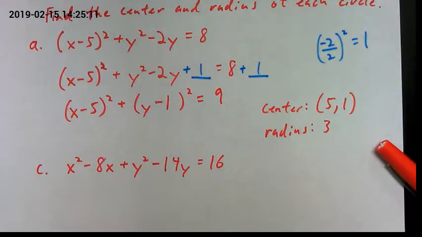The equation that I gave you there is not really in the proper format to start off. Normally, your variables are written so that they're in descending order of their degrees and then alphabetically from there. So if you were given this equation, a lot of times it would be written as x squared plus y squared minus 8x minus 14y, because that would be the proper form.